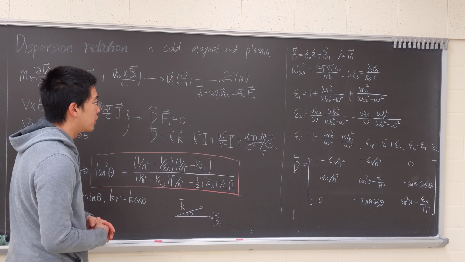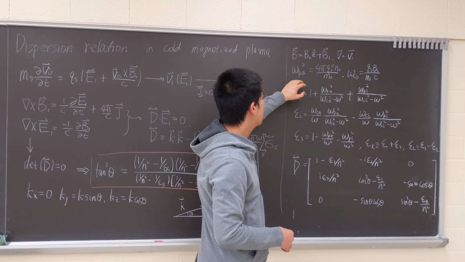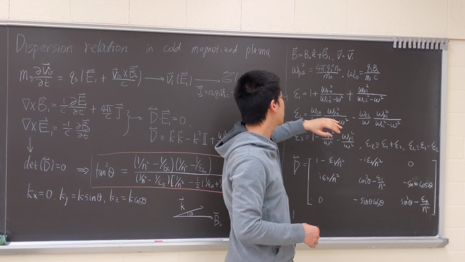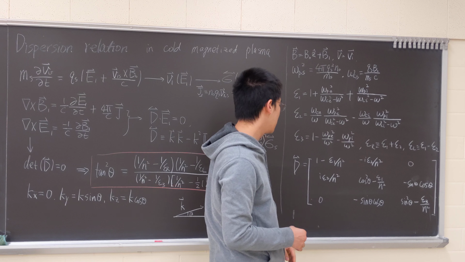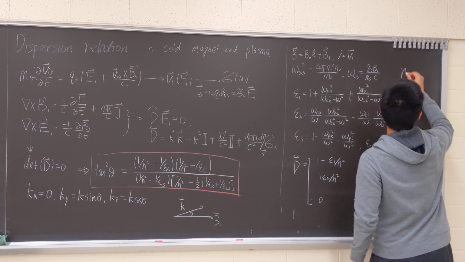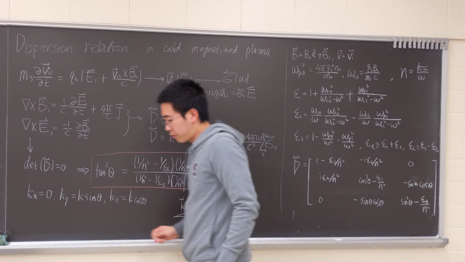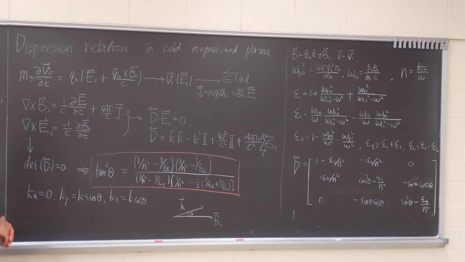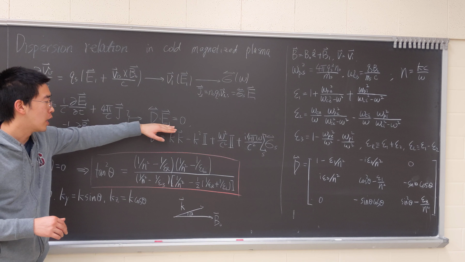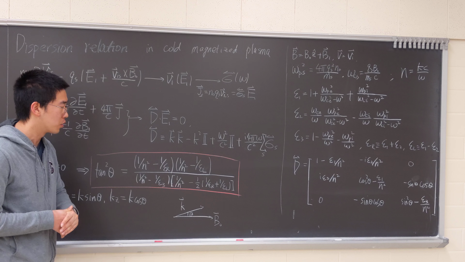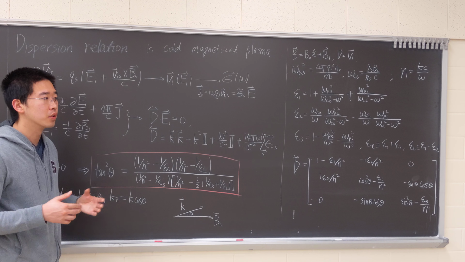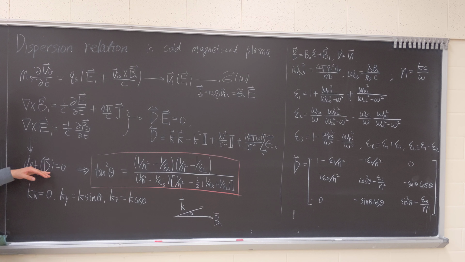With the definitions of such, like the plasma frequency, cyclotron frequency, and epsilon 1, epsilon 2, epsilon 3, and n, of course, is the index of refraction, we take the determinant of D equal to 0 in order to get a non-trivial solution of this equation, because E equal to 0 will be a trivial solution, but a non-trivial solution requires the determinant of D equal to 0 based on linear algebra.